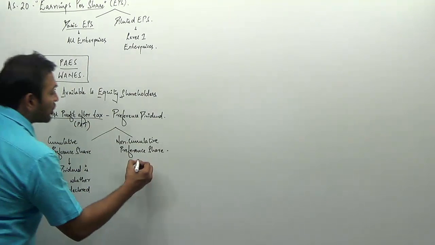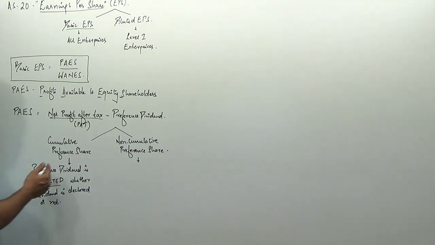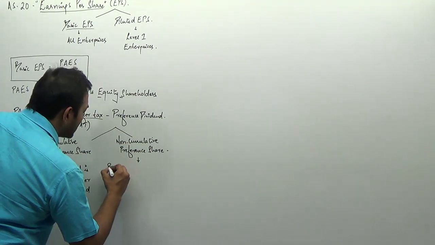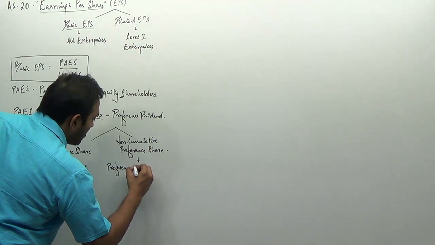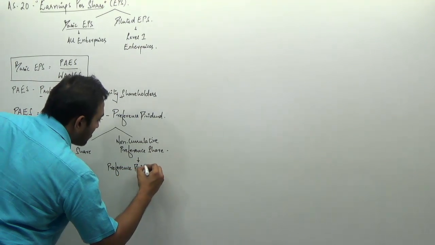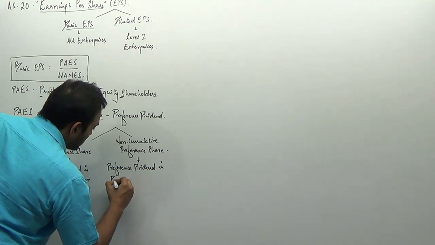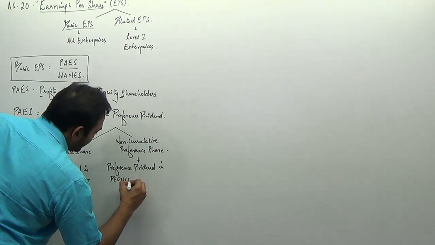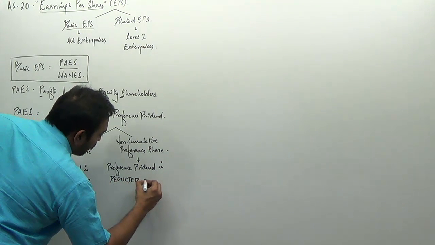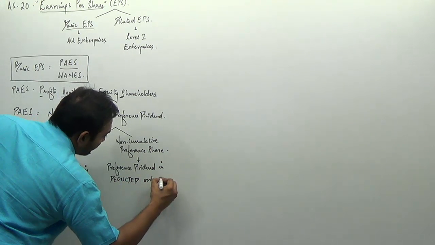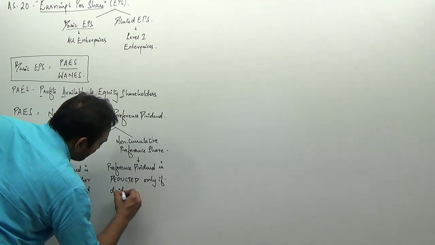Now what about non-cumulative preference shares? Whenever we deal with non-cumulative preference shares, the preference dividend has to be deducted only if dividend is declared.